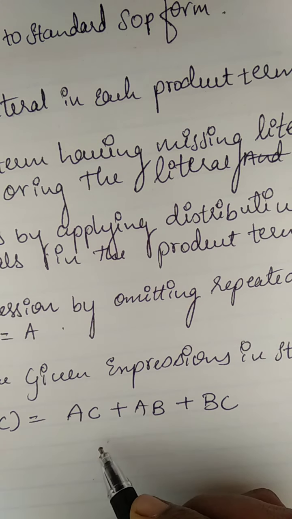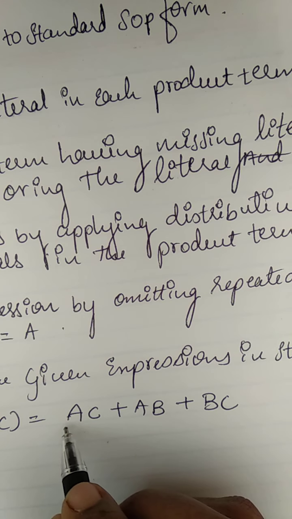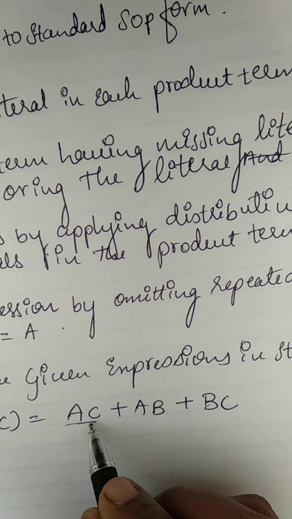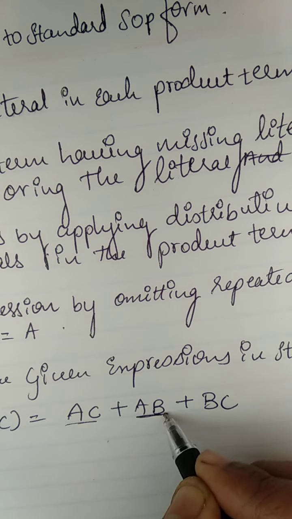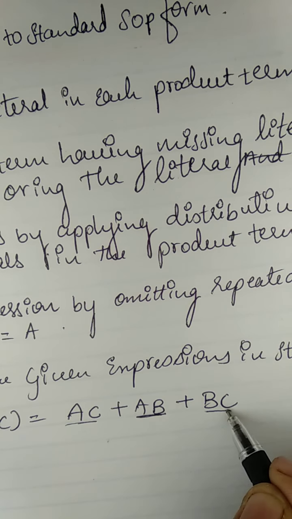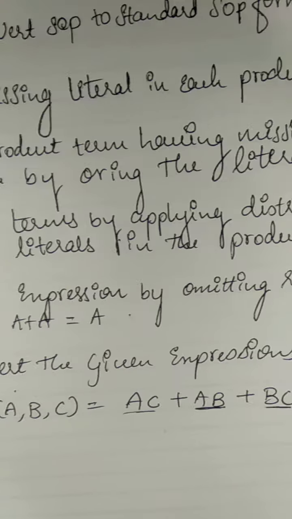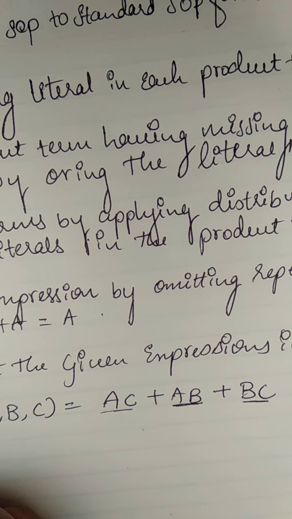In the product term AC, the literal B is missing; in AB, the literal C is missing; and in BC, the literal A is missing. So first step, this is the solution.